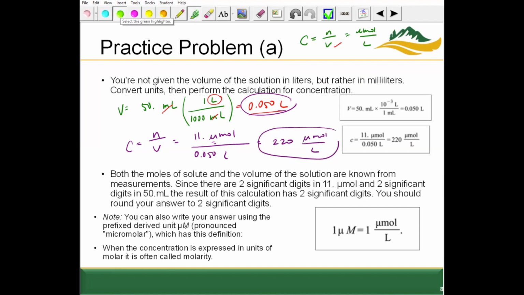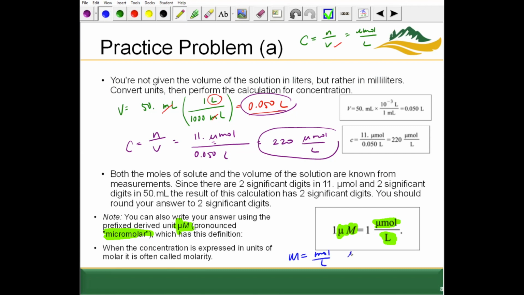Here are some additional notes. Micromole is pronounced micromole because this symbol here is micro. And then something else you might see: technically we've been listing out molarity in terms of moles per liter. We can also state micromoles per liter in terms of molarity as micromolar. For typical molarity, we know it's moles per liter.